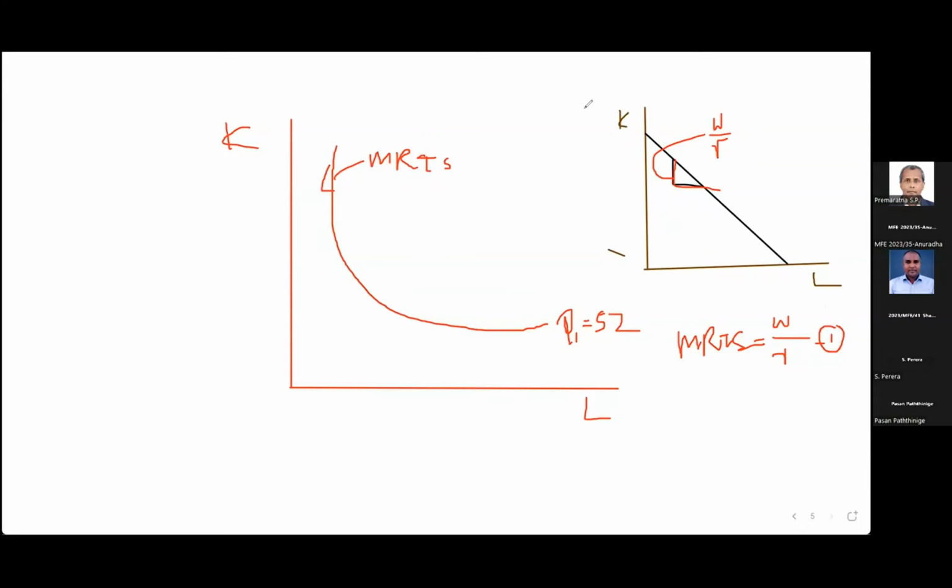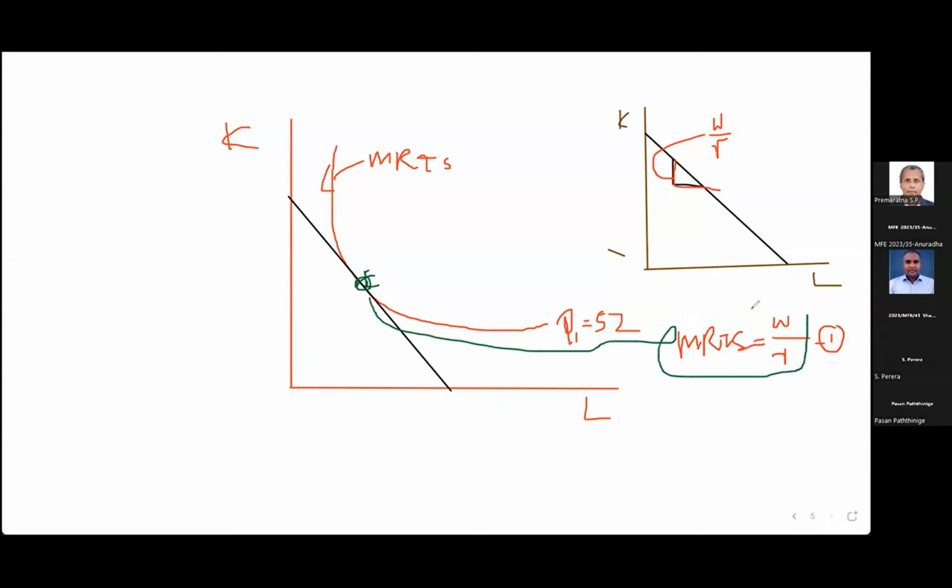Optimization. So what happens if the isocost curve also touches here? At this point it happens, point E. At point E, you can see the slopes of both curves are equal.